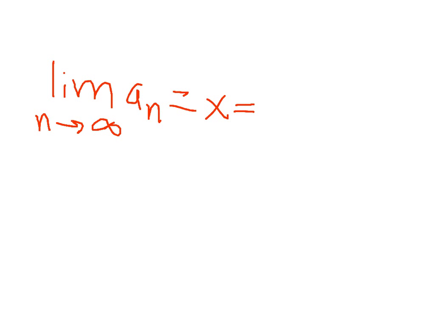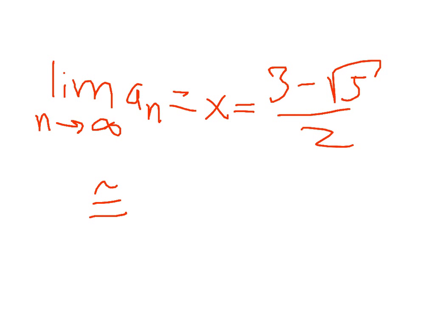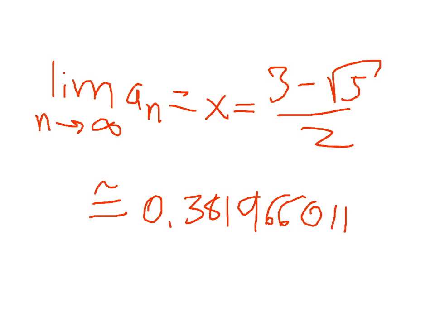So it must be that the limit as n goes to infinity of a sub n, that's what we called x, is 3 minus the square root of 5, over 2. And then if you tap that on ye old calculator, you get 0.38196601125 and stuff.